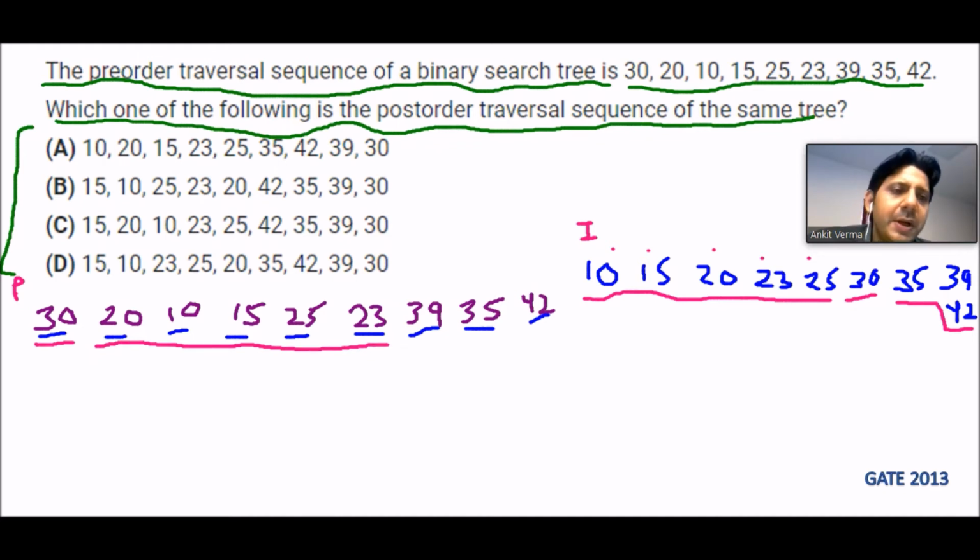These elements are matching. Then in the right subtree we have 35, 39 and 42, and 39, 35 and 42 are matching. So this is the pre-order where the elements are matching, and this is the left subtree and this is the right subtree.